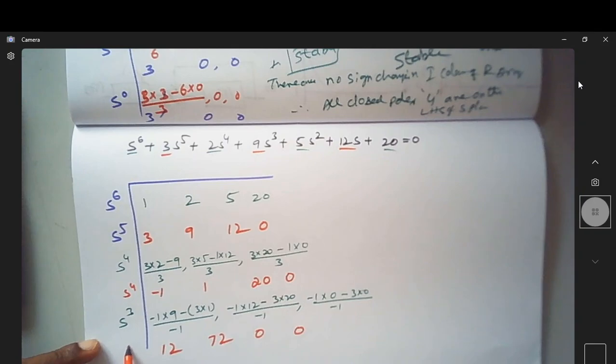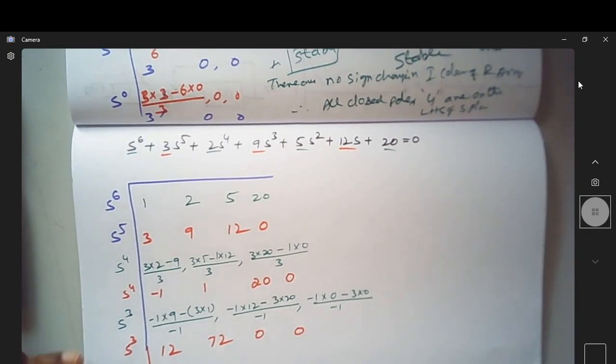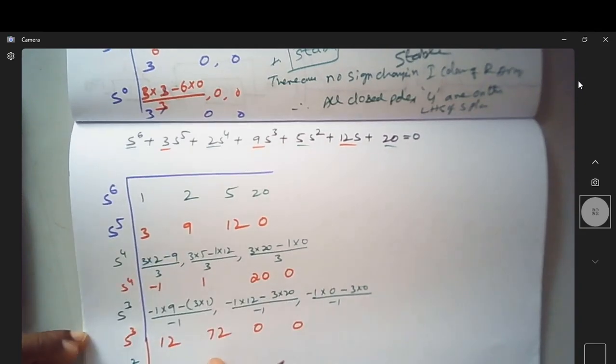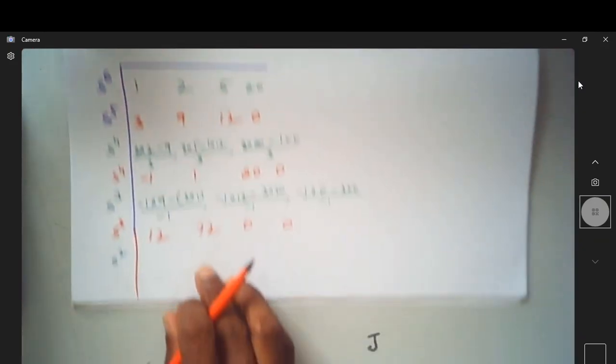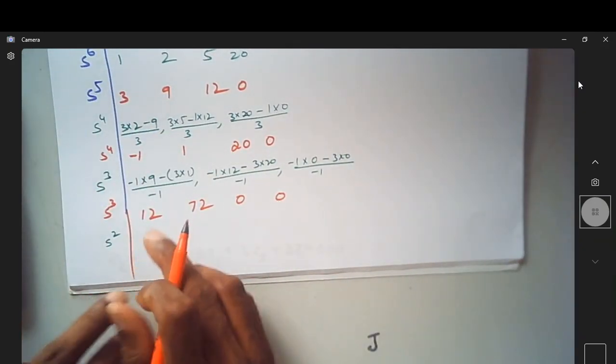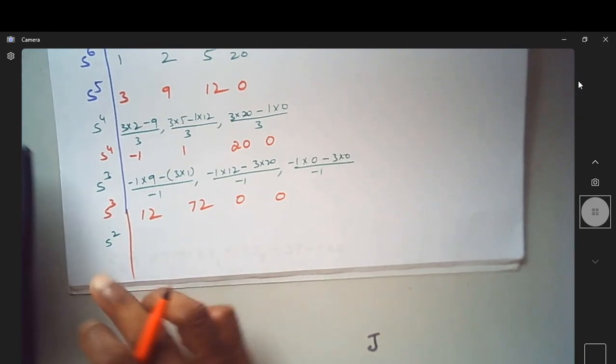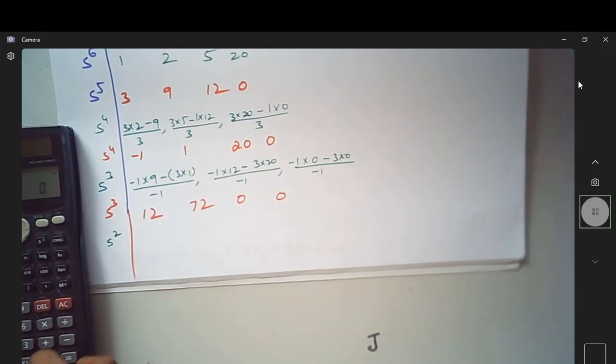This is S3. Next, let me do it for S square. It will be a bit lengthy because you have S cube. Is it 12 into 1 minus of minus 1 into 72, divided by 12?